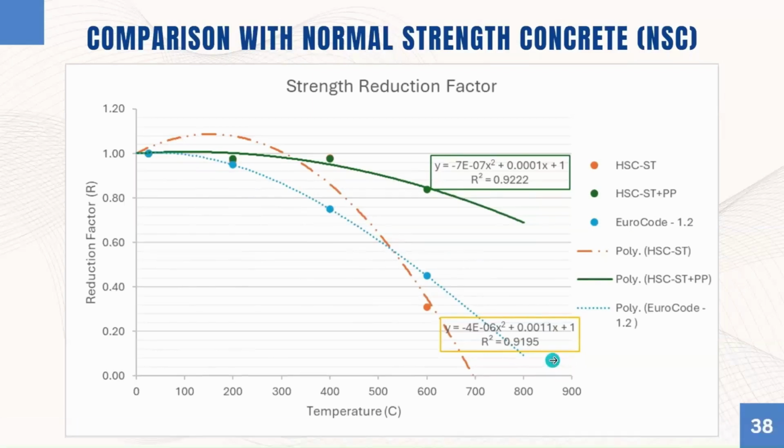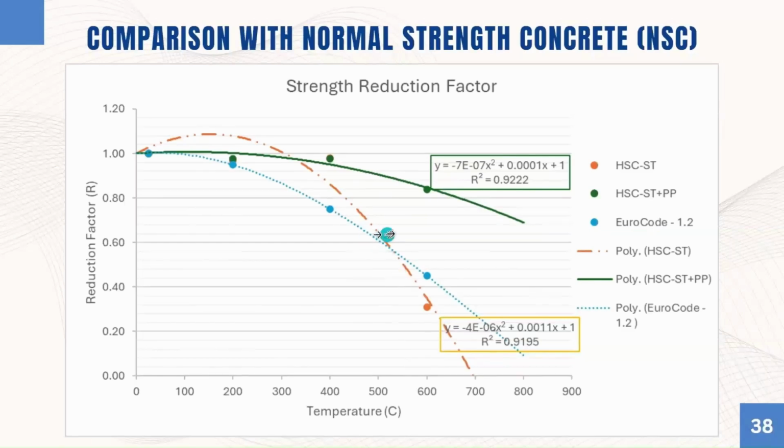When you compare the steel-only fiber, we could see that at 600 degrees, we're achieving results that are extremely lower than the Eurocode, almost a 25% reduction factor, while the Eurocode is achieving around 45%.